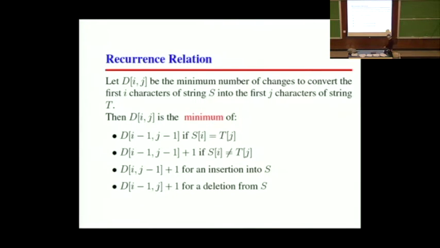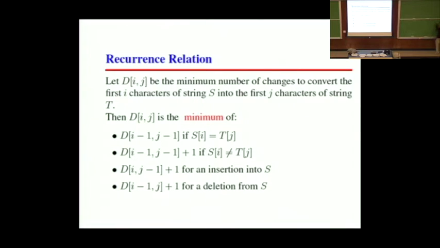Okay? What am I going to claim? If I am converting a string S into a string T, I'm going to have to do something at the end of this string. Does everybody kind of see it? What are my possible things I could do at the end of the string?